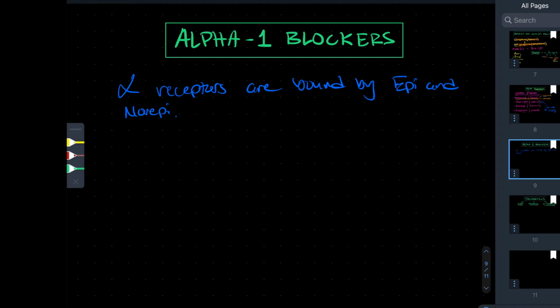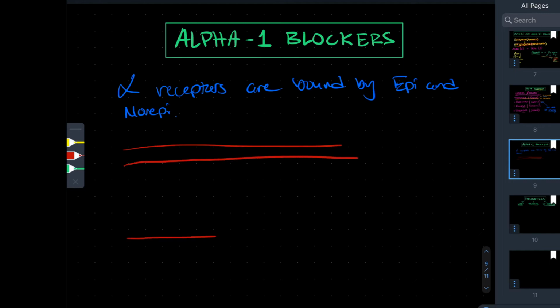But the difference here is that alpha-1 receptors are mainly going to be found in the blood vessels.